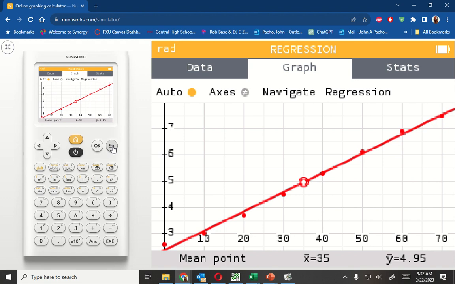And so what would year 2026 be? What x value is that going to be?